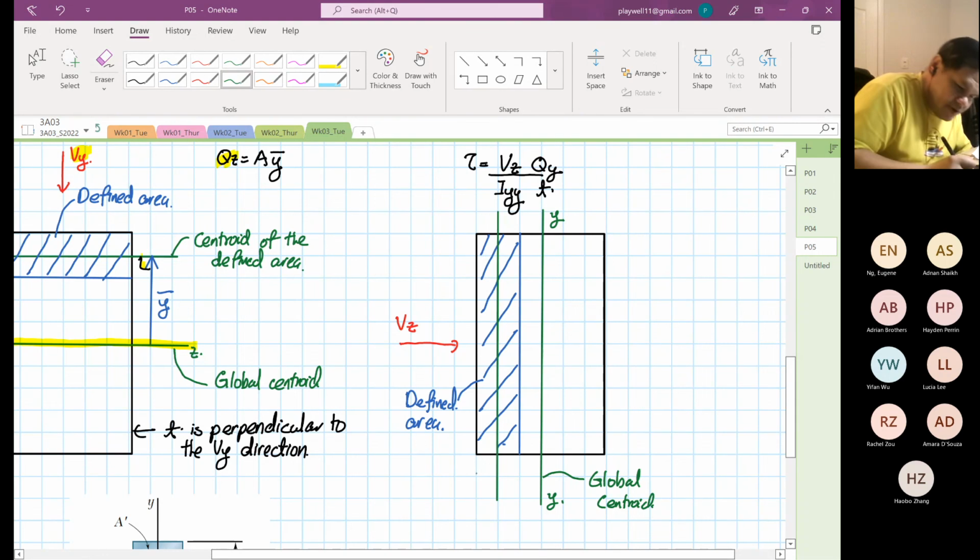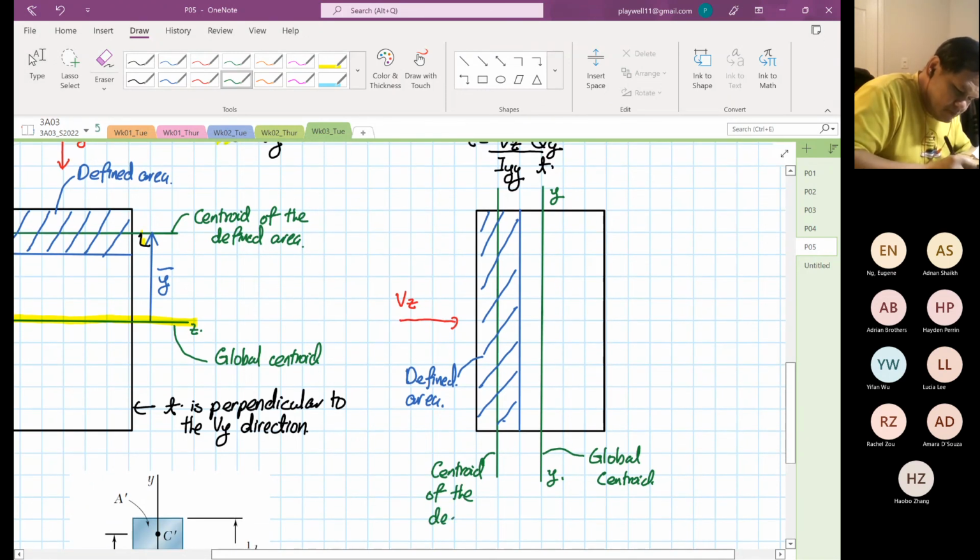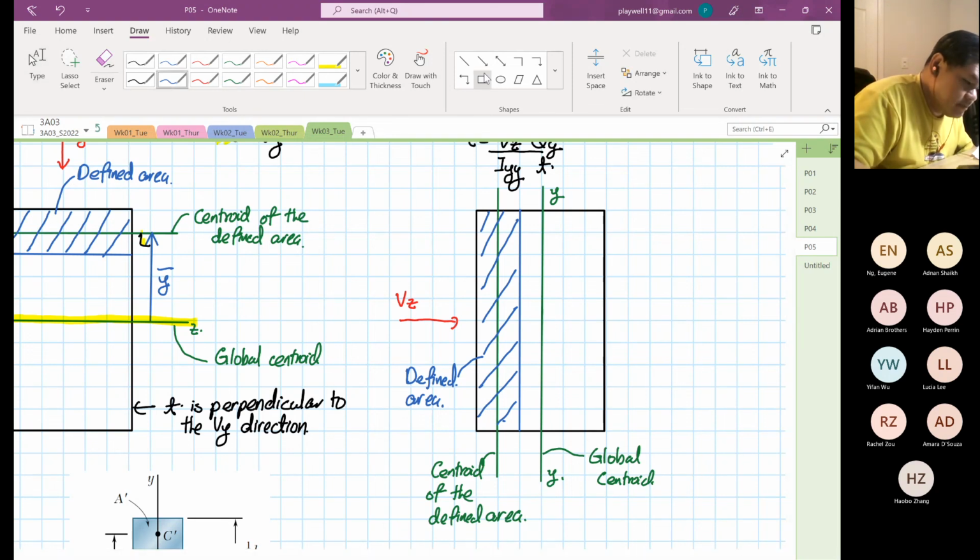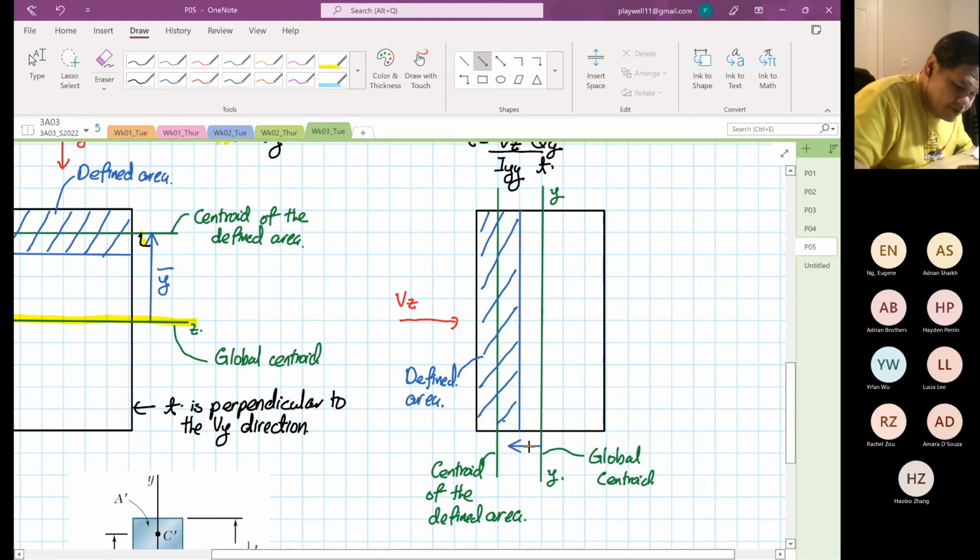This is the centroid of the defined area. The perpendicular distance that you can see over here from the global centroid is now our Z bar.